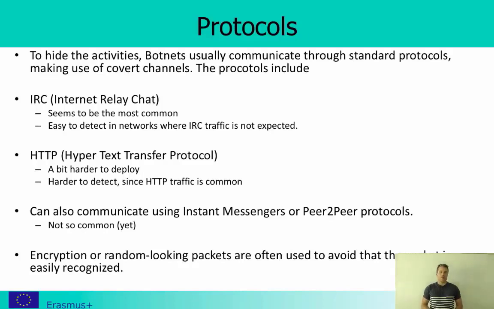The reason HTTP is becoming quite popular, while it's quite hard to deploy, is that you have so much HTTP traffic that when you look through a network and see HTTP traffic, you don't see any alarm bells ringing. Whereas if you see the IRC protocol being used, that might indicate this looks weird, or some of the other protocols might also not be very widely used, and therefore you get suspicious when you see them.